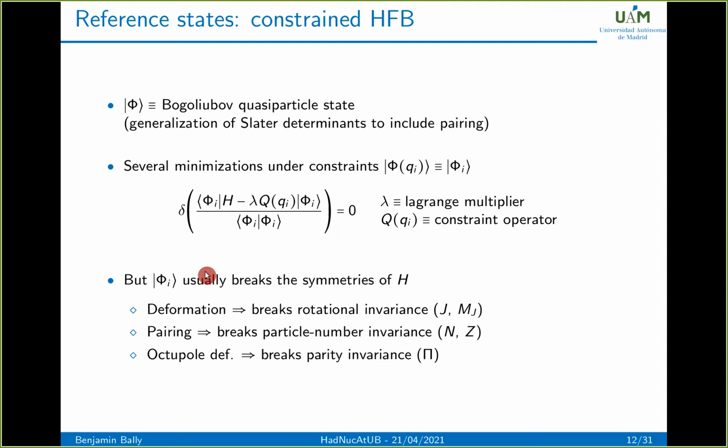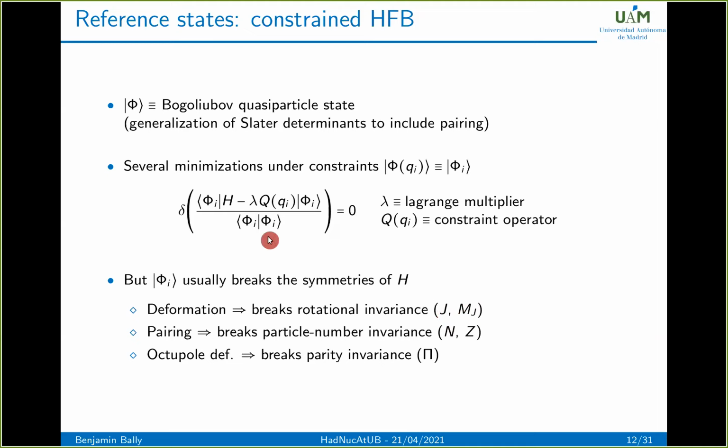But a disadvantage, in a sense, is that these states, depending on the constraint operator you consider, may break the symmetry of the Hamiltonian. For example, if you use a constraint on the deformation, you will break the rotational invariance. That is, your states will lose good quantum numbers related to the angular momentum.